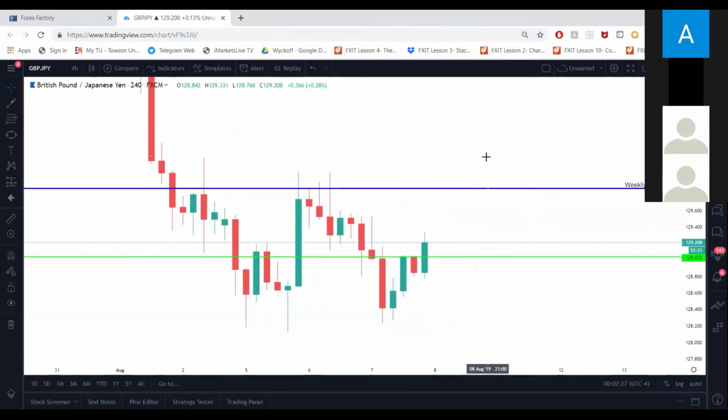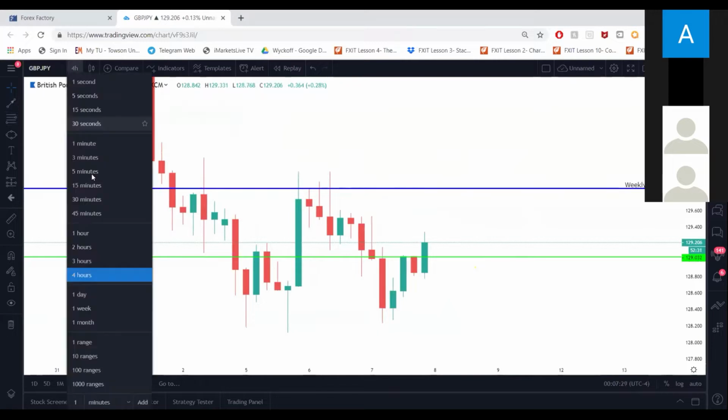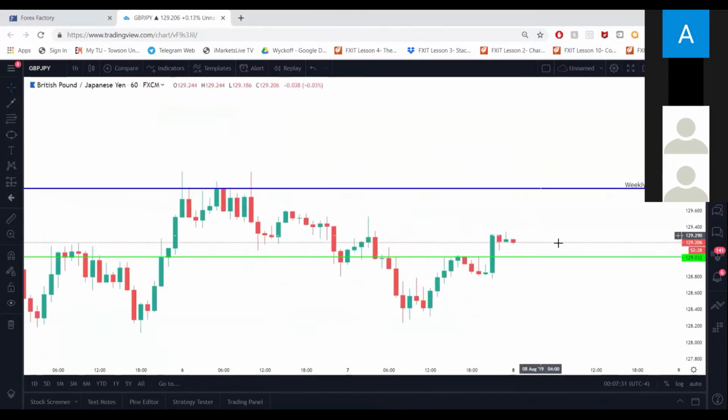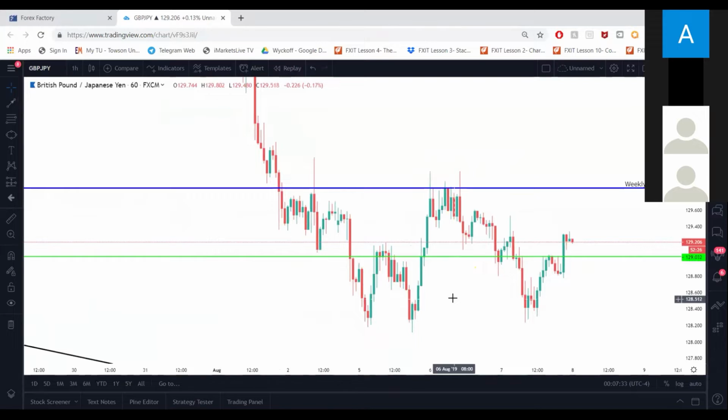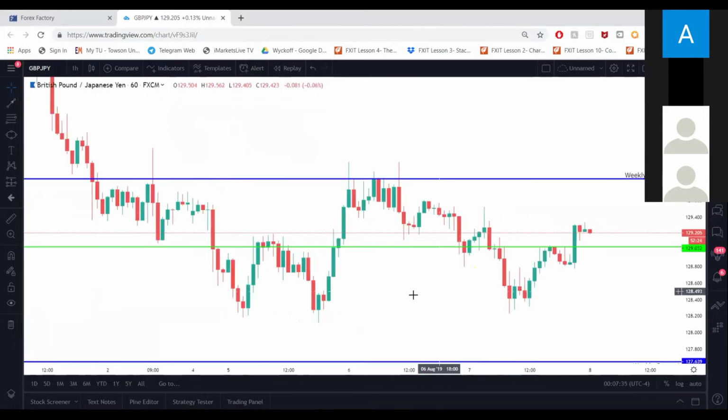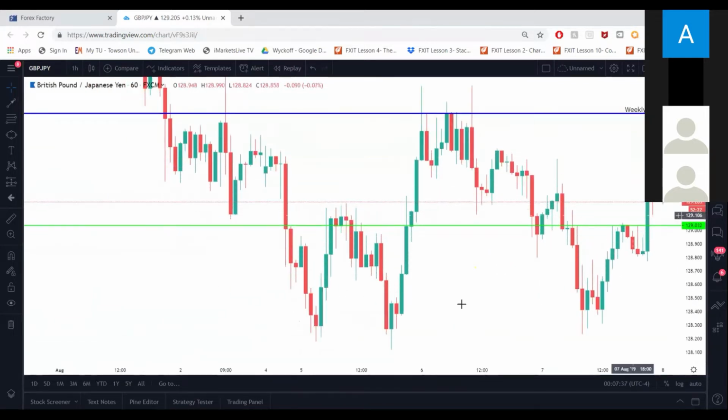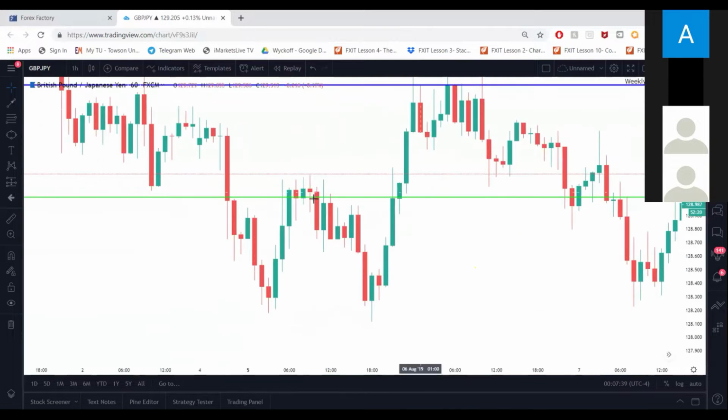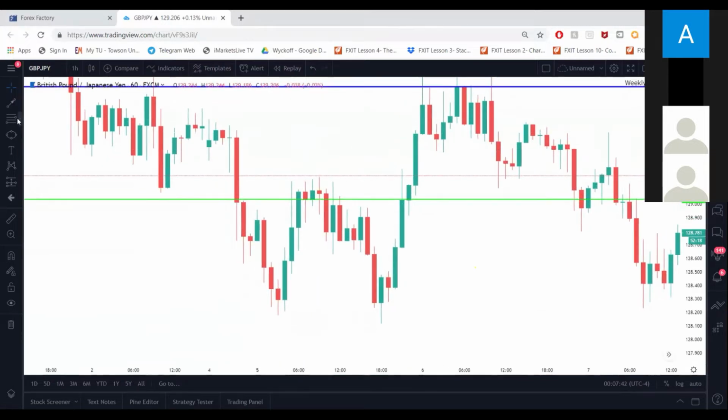Okay, good question. So let's find a good example. When do you draw Fibonacci, right? When do you use it? You use it after the impulse moves. Let's look at this structure right here.